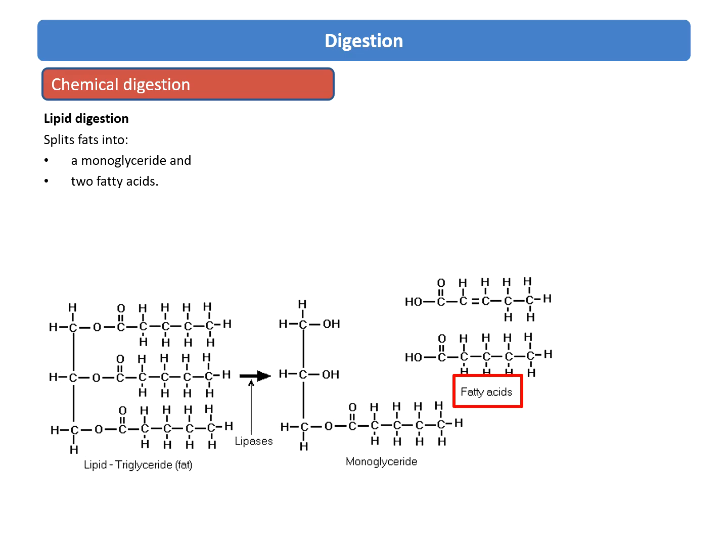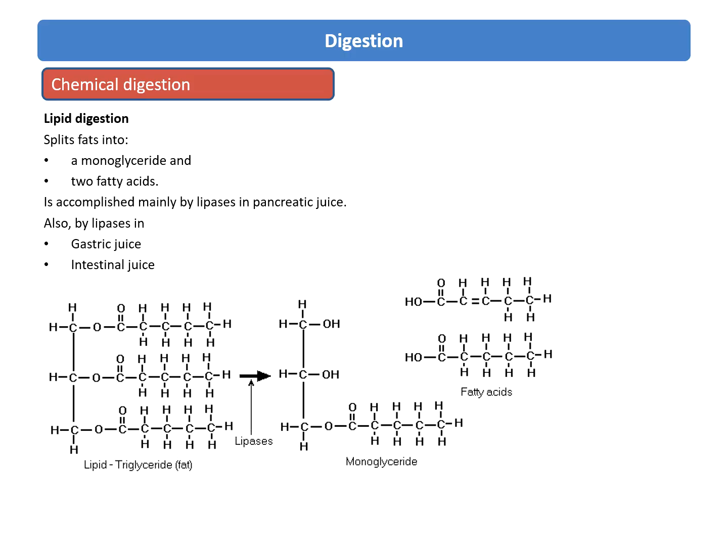Two fatty acids are split from the triglyceride. This is accomplished mainly by lipases in the pancreatic juice, but there are lipases in gastric juice and intestinal juice. Other lipids include cholesterol, phospholipids, glycerol.